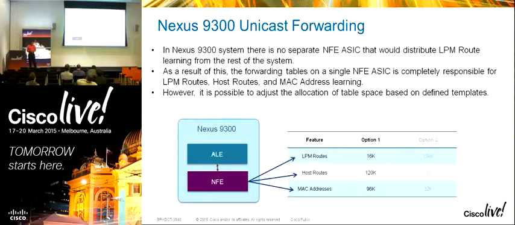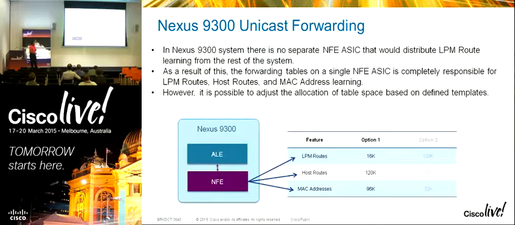Now, same thing about unicast forwarding in different modes. It's almost similar to what we talked about, only the numbers are a little bit different. In this case, there's no separate NFV ASIC for distributed LPM because there's no fabric module. If there's no fabric module, we cannot do another differentiator because it's a fixed module. So whatever the front panel NFV or Trident 2 chipset is, we are using it for the modes.